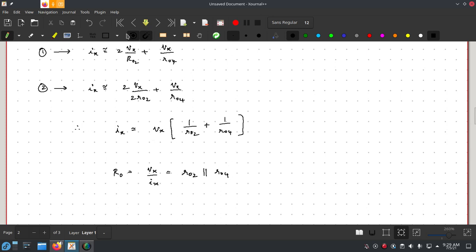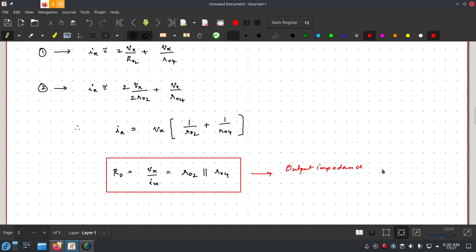This part is important. So this is the output impedance of the differential amplifier with active load.